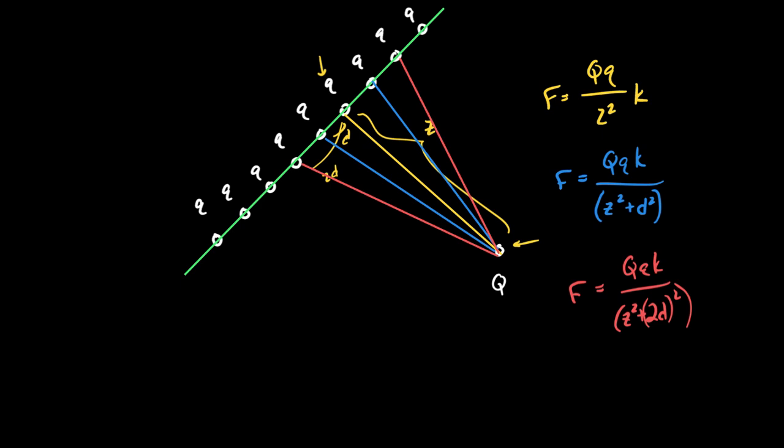If it was symmetrical on both sides, I could probably come up with a way of finding out the size of this force by adding up each of these individual little forces. Now, there'd be more to do. I don't want to minimize this too much. This is a tough problem because even if it's perfectly symmetrical, even if there are the same number of particles on each side, which would make it nice, wouldn't it?